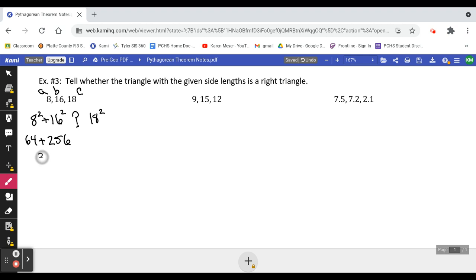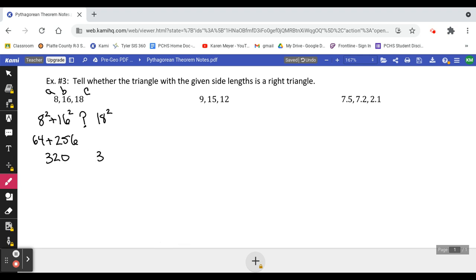Add those together and you get 320. Then on the other side, I'm going to do 18 squared, and 18 squared is 324. So does 320 equal 324? You're going to say, nope, they are not equal because it's not the exact same number. So that means, therefore, no, we cannot form a right triangle.